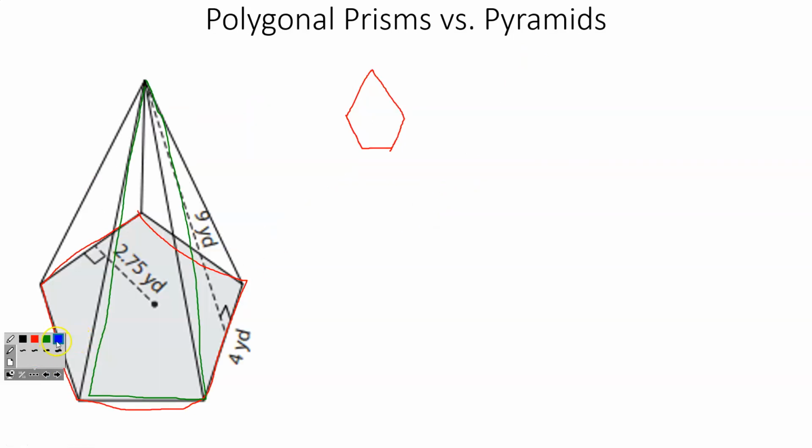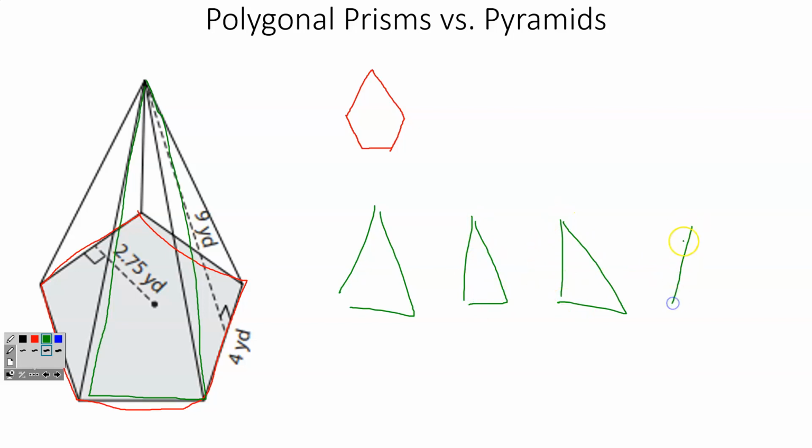Oops, sorry. So draw my 5 triangles. 1, 2, 3, 4, and 5. Okay, so let's start labeling dimensions of them. Side length is 4. Change it back to red. Side length is 4.